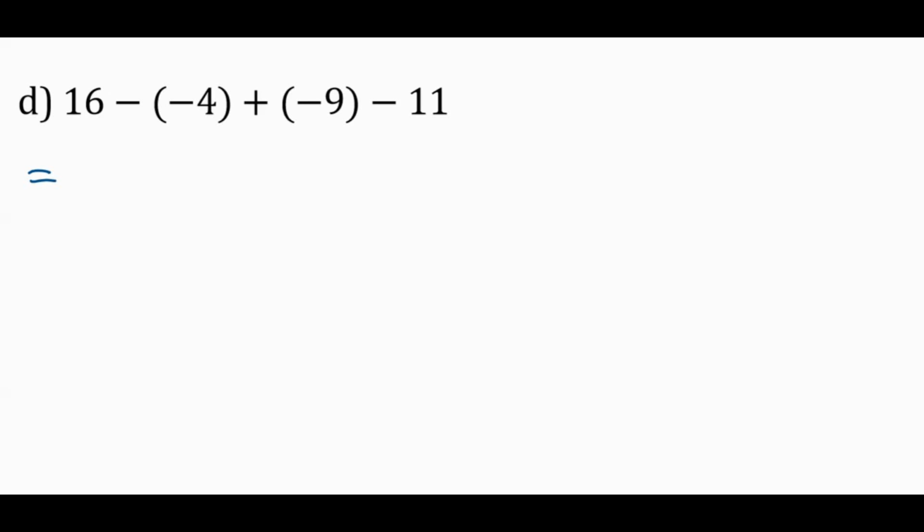That's all. Thank you. Okay, who can do this last one? Go ahead. It's 16 plus 4 minus 9 minus 11. Very nice. How many people got that? Good work. So we've got two negatives here. Notice that they became a positive. And then a positive and a negative here became a negative in front of the 9.